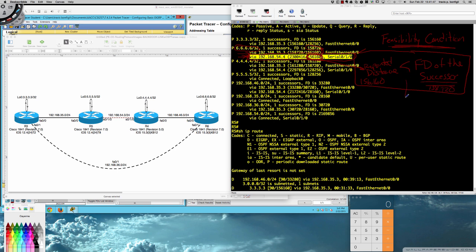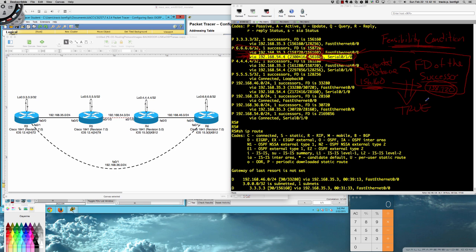So this is true, and if this is true, then EIGRP says I can guarantee that because the reported distance is less than the feasible distance of the current successor, it's impossible for the feasible successor to be coming through the current successor.